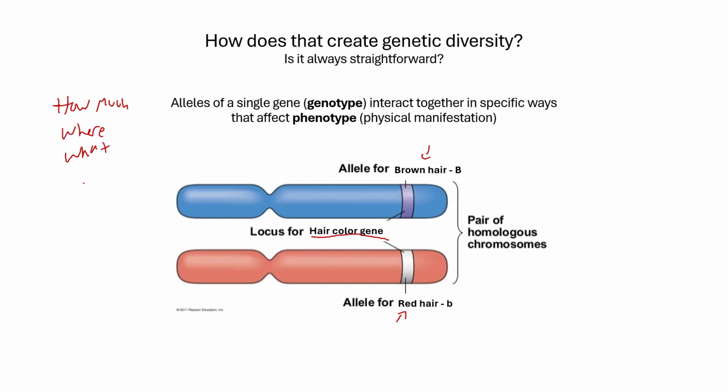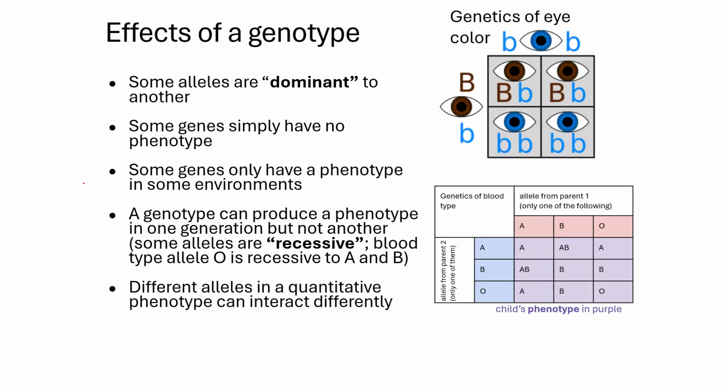And the answer to whether this genetic diversity leads to a very straightforward physical manifestation of phenotype is no. Because alleles can be dominant to one another, but again, recessive alleles do exist. They exist on chromosomes, they exist inside of organisms, and therefore they can be expressed.